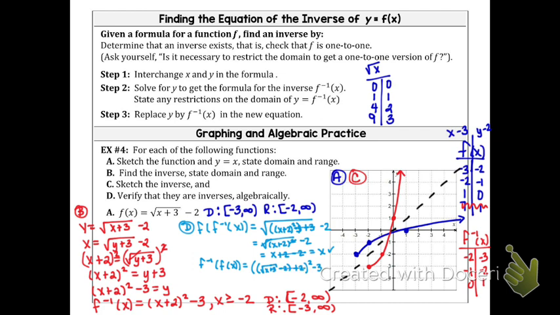And inside here my 2's will cancel, and so I end up with the square root of x plus 3 squared minus 3. The square and square root cancel, so we get x plus 3 minus 3. The 3's cancel, and we get x. Is what we wanted, so we show that they are inverses algebraically.